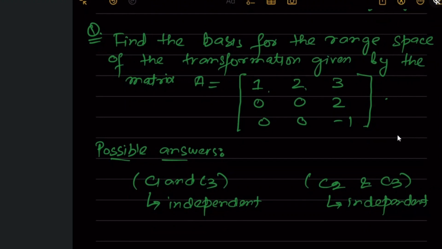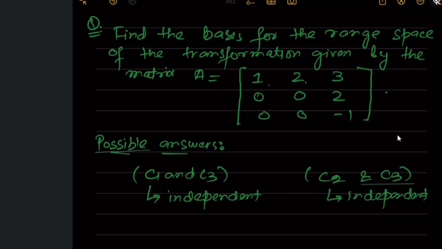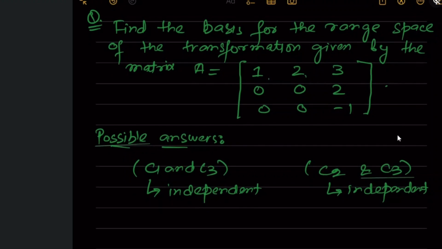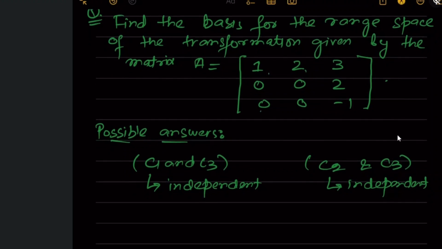These are nothing but three vectors, as I have already told you. Two of them are independent and one is going to be dependent. You can choose C1 and C3 as independent, or you can choose C2 and C3 as independent, because C1 and C2 have a relation.